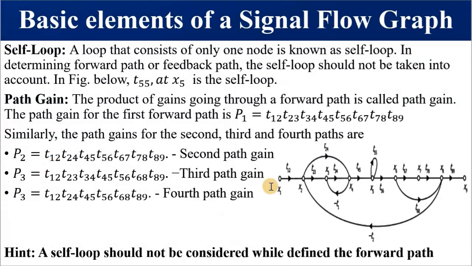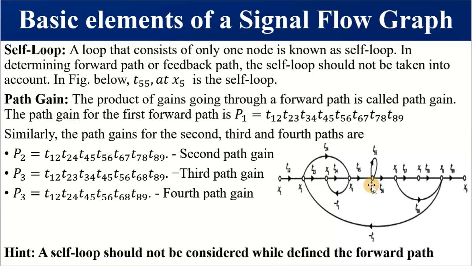We are now including the gains only: T12 times T23 times T34 times T45 times T56 times T67 times T78 times T89, and we are done.